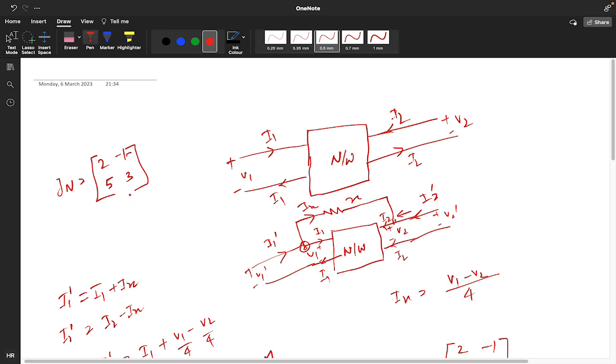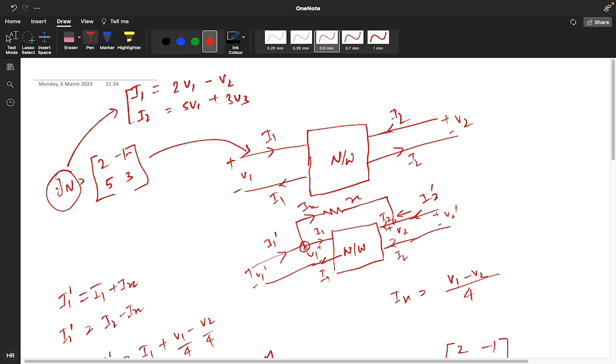If you write the equation for this two-port network, this value is given for this particular network. So what is the value? I1 is equal to 2 v1 minus v2 and I2 is equal to 5 v1 plus 3 v2. You know now how to convert this if you have a y parameter. This thing is clear?